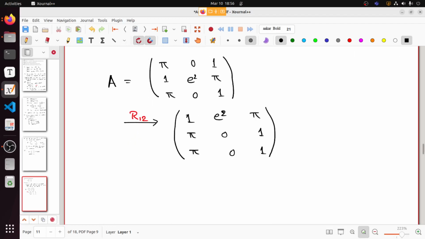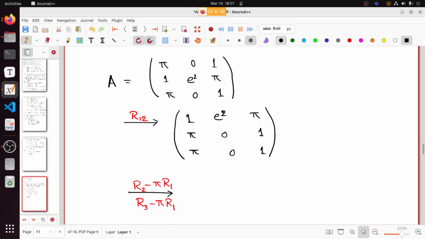Now we have to make the other two entries below the 1 in the first column 0. So we will multiply the first row by pi and subtract it from rows 2 and 3: R2 minus pi times R1 and R3 minus pi times R1.